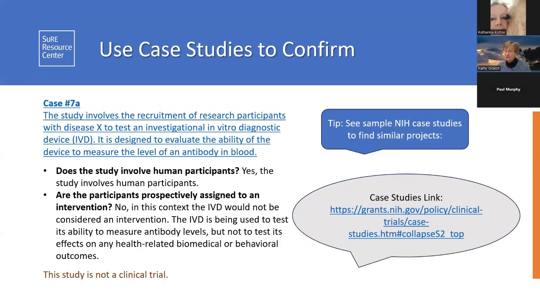Yes, the study involves human participants. Are the participants prospectively assigned to an intervention? No. In this context, the IVD would not be considered an intervention. This IVD is being used to test its ability to measure antibody levels, but not to test its effects on any health-related biomedical or behavioral outcomes.